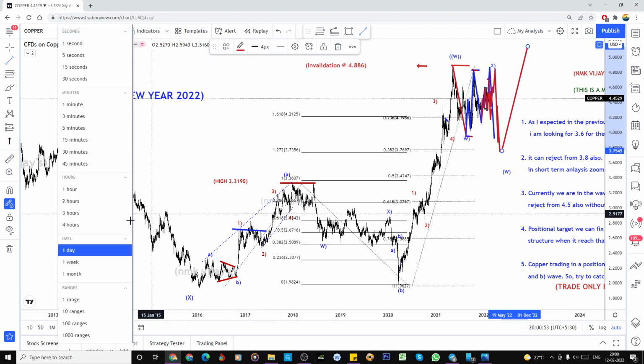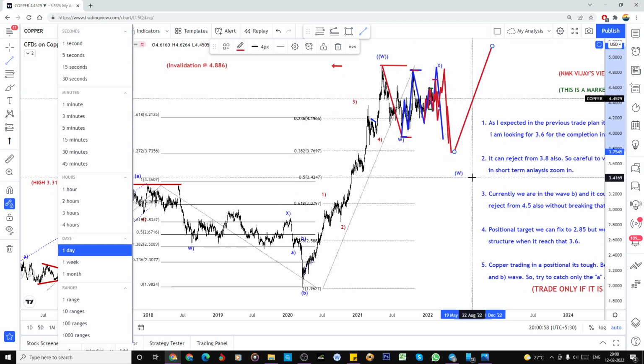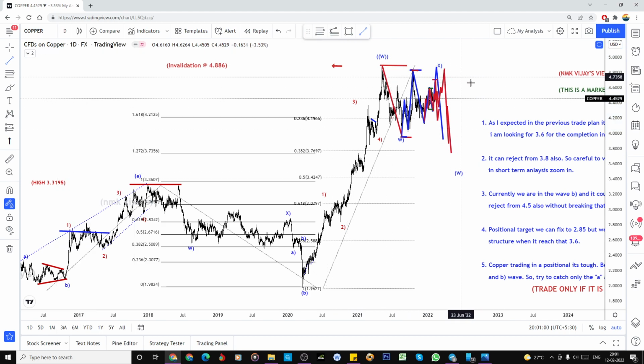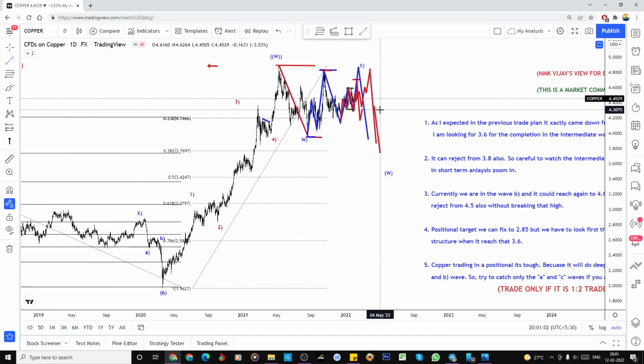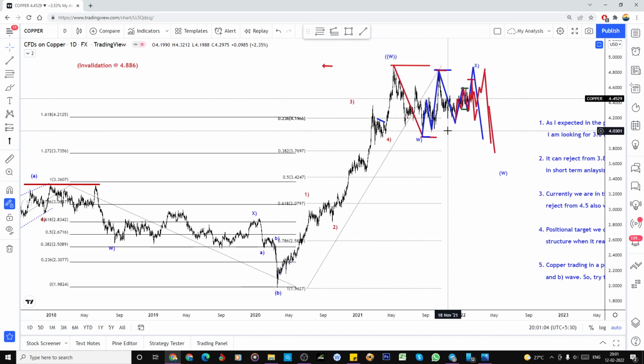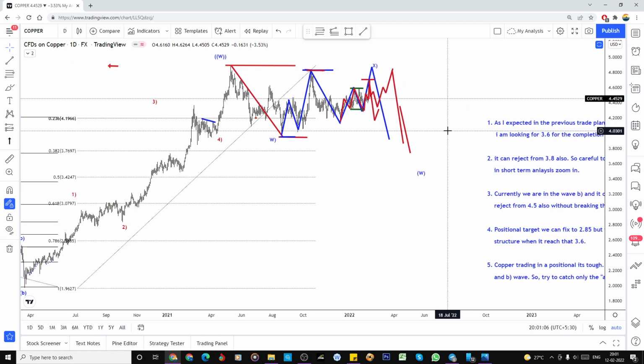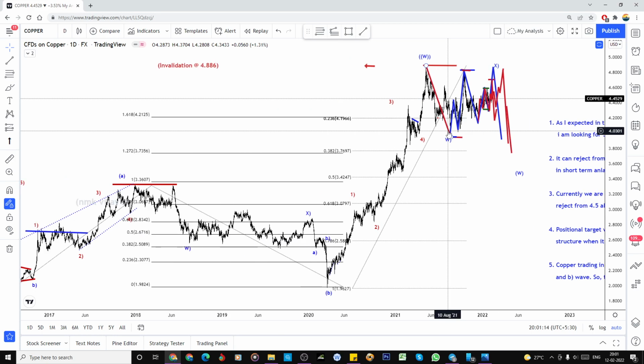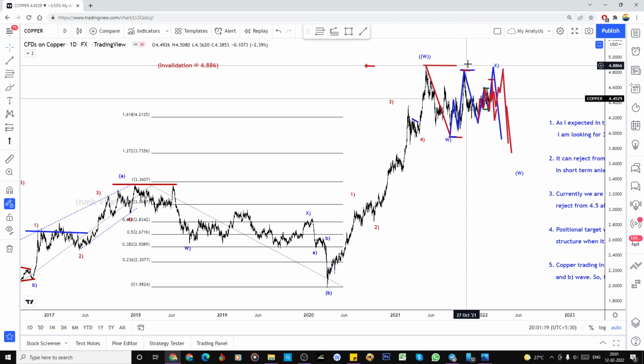So mind this, I'm expecting only 3.5 and 2.8. That depends upon this price action here, and how the Australian dollar, gold and New Zealand dollar move, because New Zealand is a copper mining country, lots of mining, exporting to China. The major consumption is China, so it's all based on the Australian dollar also.